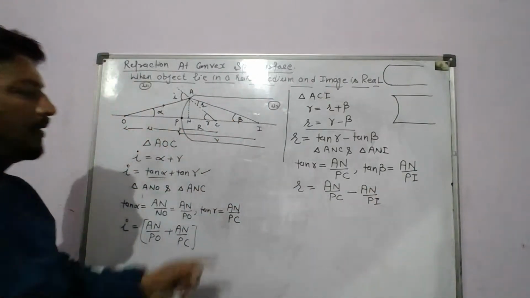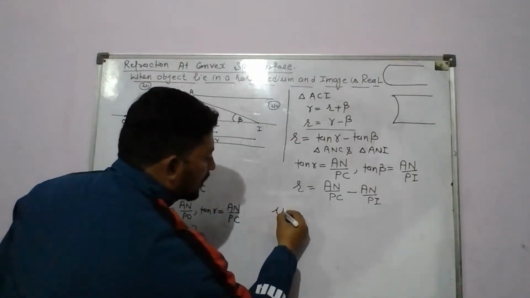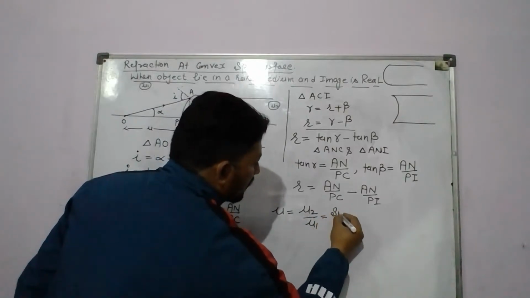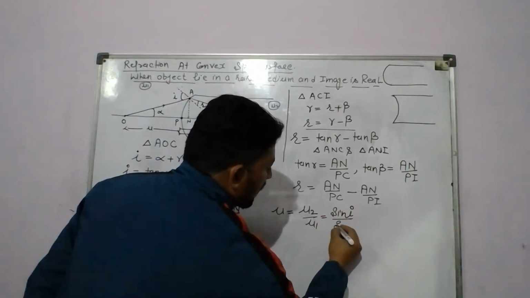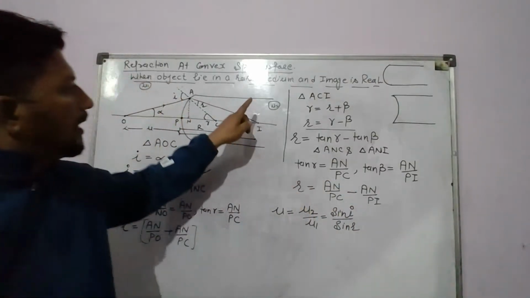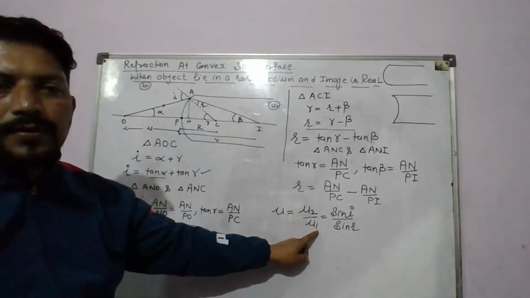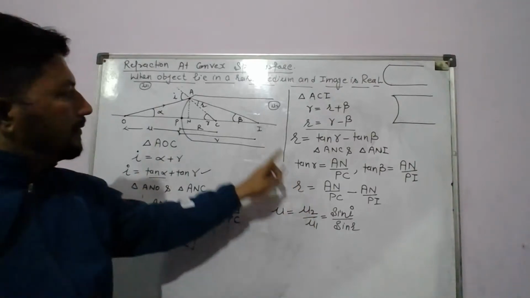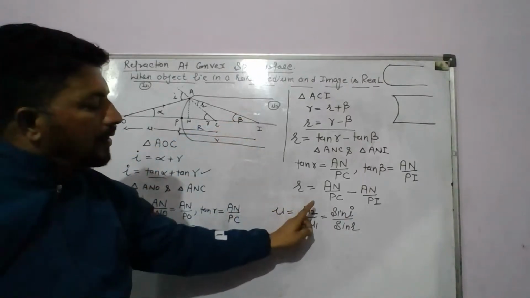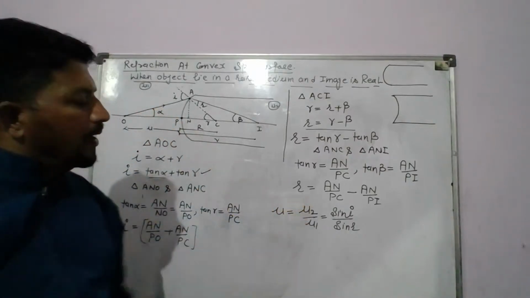Just remember, we will find sin I and sin R. So mu2 by mu1 is equal to sin I upon sin R. Understand the concept? If the object lies in a denser medium, then you write mu1 by mu2. Otherwise, if the object lies in a rare medium, then you write mu2 by mu1.